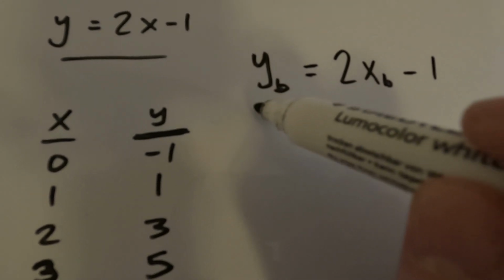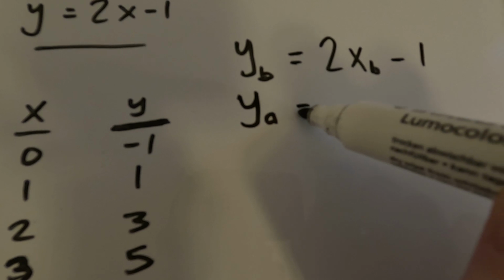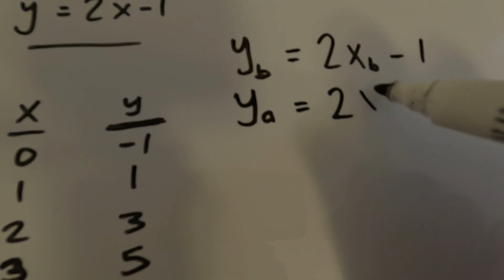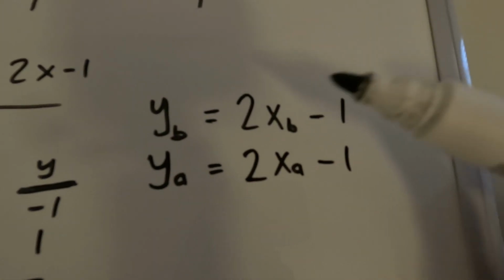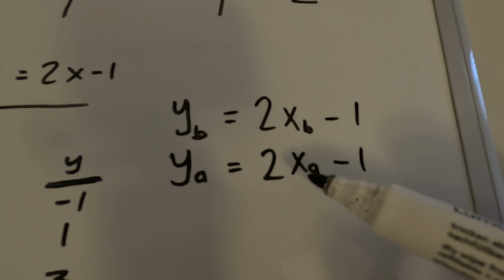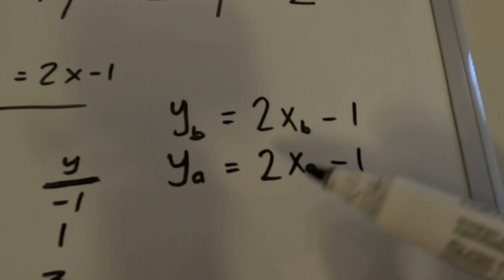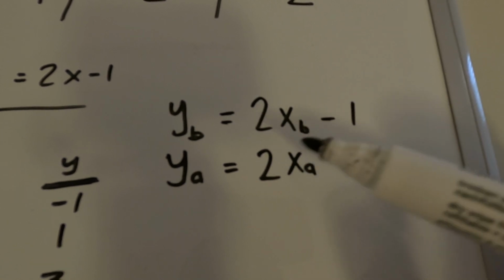So let's do another one. Let's do ya. So again, we just follow the same rule. So this is a different value of y, and this is a different value of x from the one up here. Well, they could be the same in theory, but we'll assume they're different.